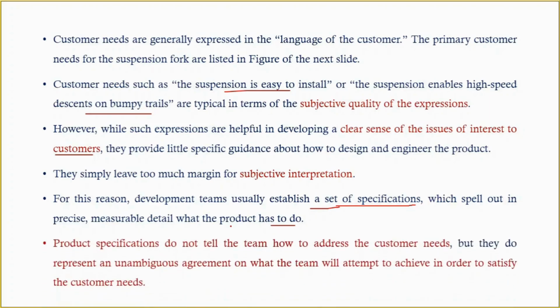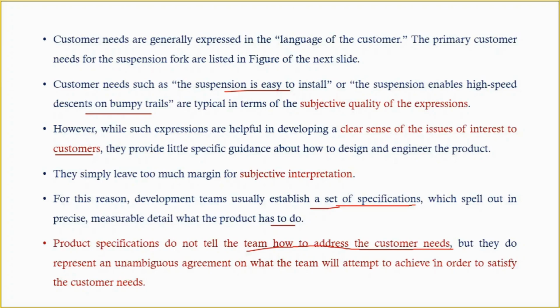Product specifications do not tell the team how to address the customer needs. Remember, based upon the constraints of the organization, you must also know whether the customer is asking for genuine things from you. You have to check. Until and unless you are satisfied with the request, you don't have to proceed.